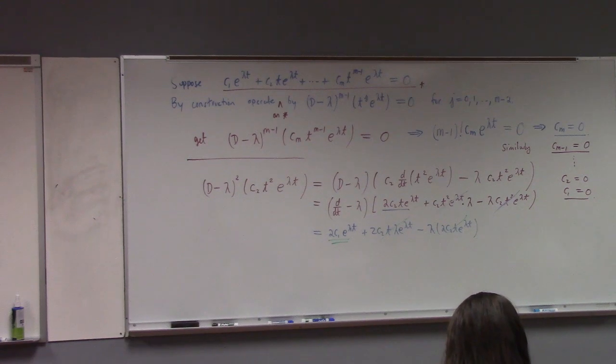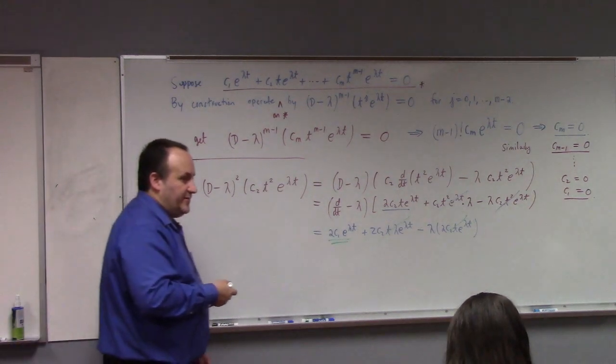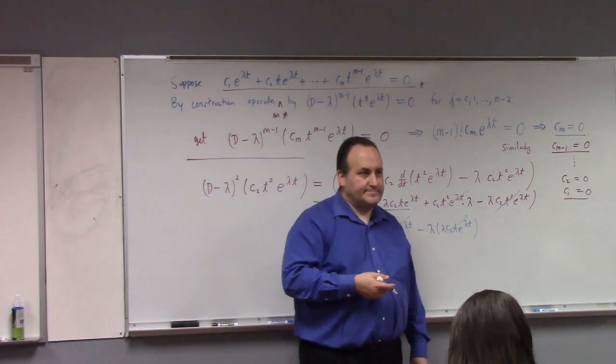That gives us lambda cubed minus 3 lambda squared plus 3 lambda minus 1 equals 0, which is lambda minus 1 cubed equals 0 as it happens. So my solution has the following form: c1 e to the t plus c2 t e to the t plus c3 t squared e to the t. And I know that's a fundamental solution set because of the pain and suffering you guys just endured. Those are linearly independent functions, and this is an order 3 problem. There's the general solution. Yay, we're done.